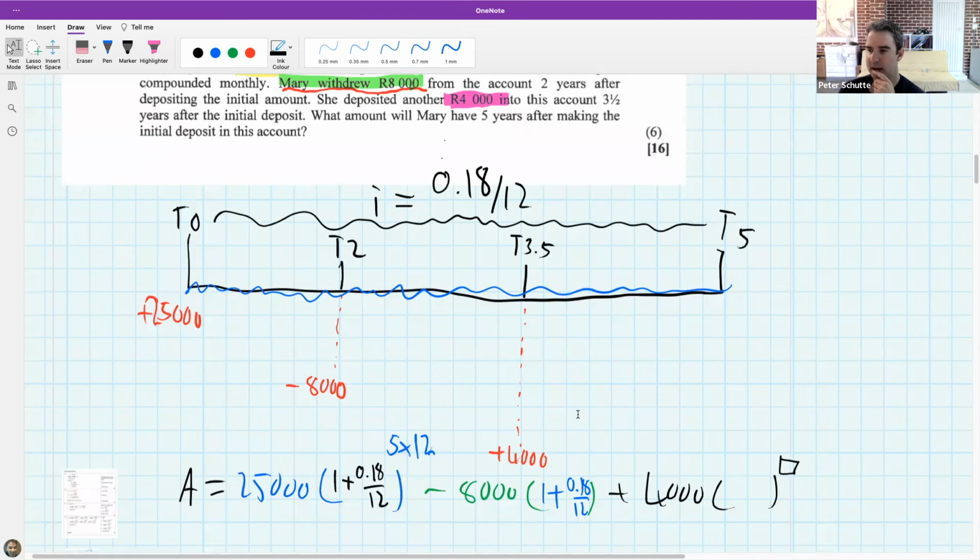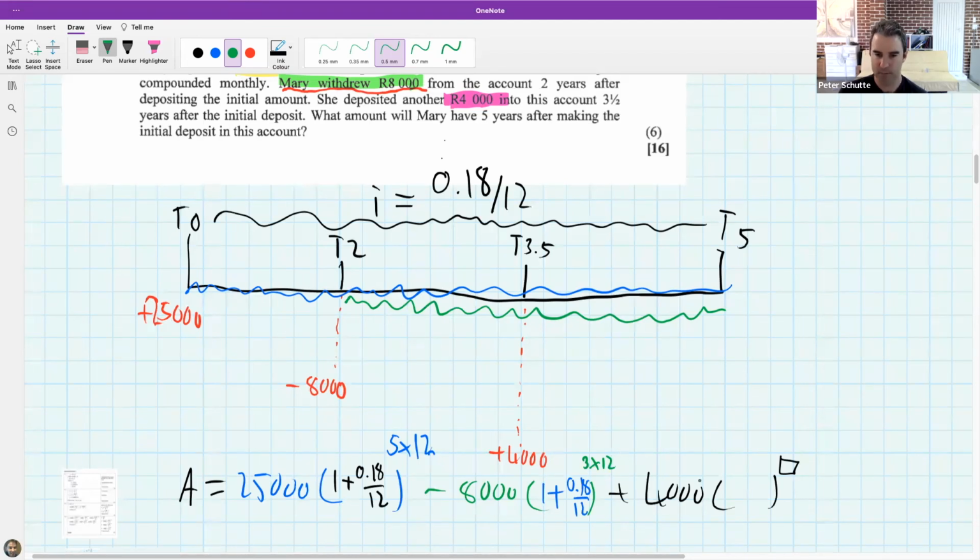It's got 3 years left to grow, and there's 12 months. If you look, it's got to grow from here all the way to there. So isn't it just going to be 3 times 12? So what that does is it takes out the 8,000 and it takes out all the interest because initially you pretended that it never left.